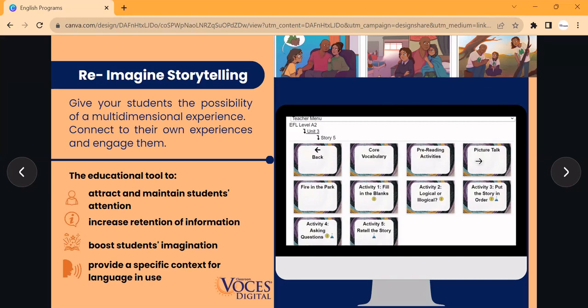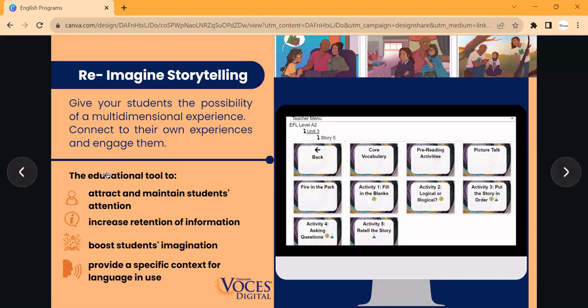We do the picture talk connected to the topic of the story. Then we start with the story, which is a fill in the blank. Then we have 5 activities connected to the story that develop different types of skills in communication and storytelling for students to develop their communicative skills.